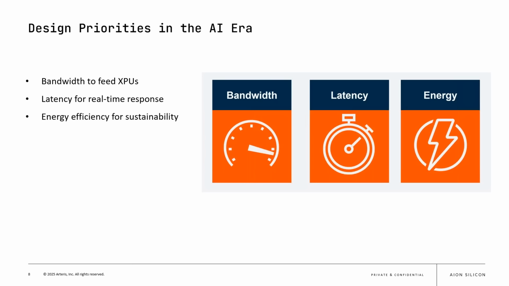And energy efficiency has become a fundamental architectural constraint, because transformer models, as you mentioned previously, spend most of their power shuttling data across the chip. So these priorities all converge on the NoC, making its topology, physical alignment, and automation key to meeting power, performance, and area requirements, as we see it.